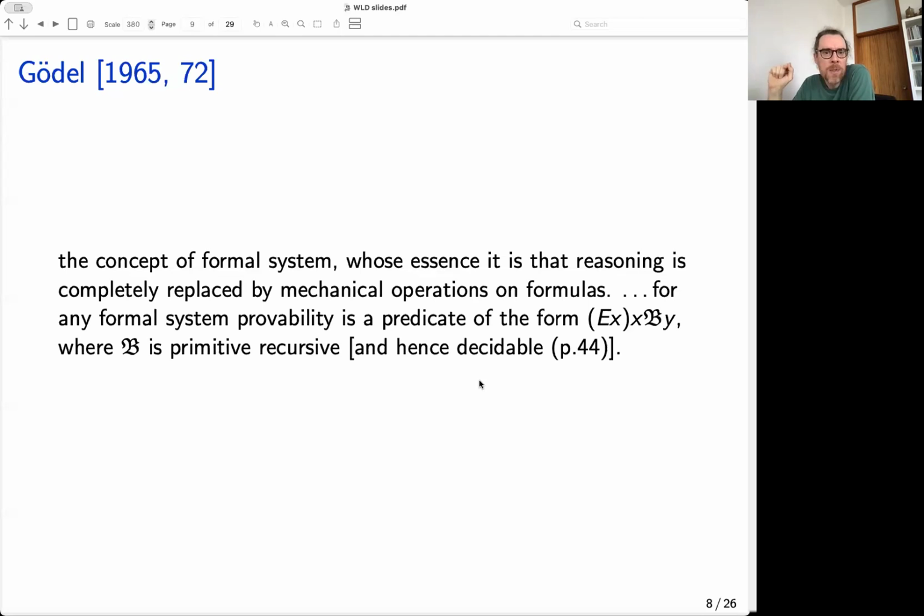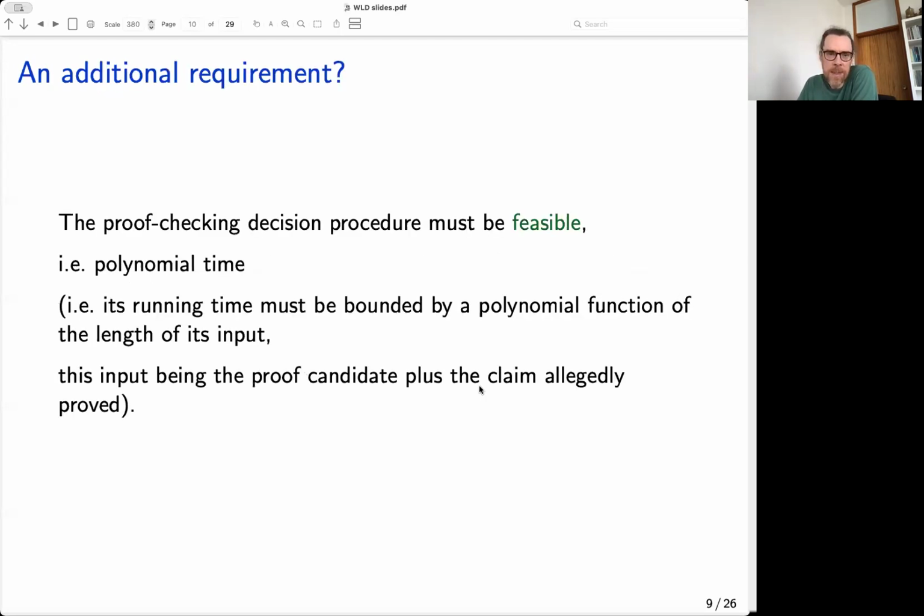And the proposed addition is that this procedure should be what complexity theorists call feasible, or more precisely, it should be a polynomial time procedure. That is, the running time of this procedure that checks a proof should be bounded by some polynomial function of the length of the thing being checked, the proof.